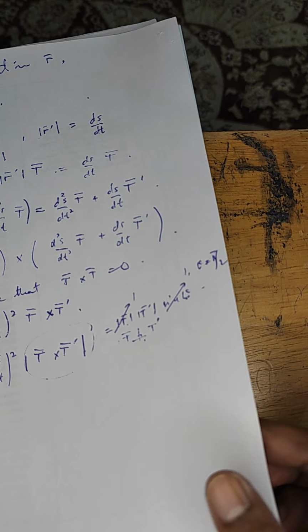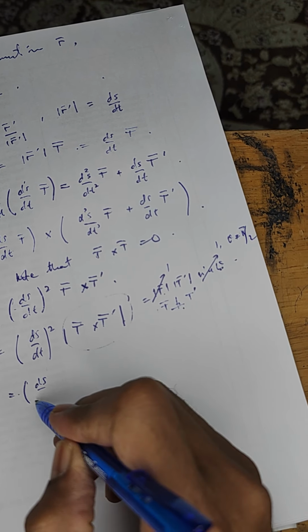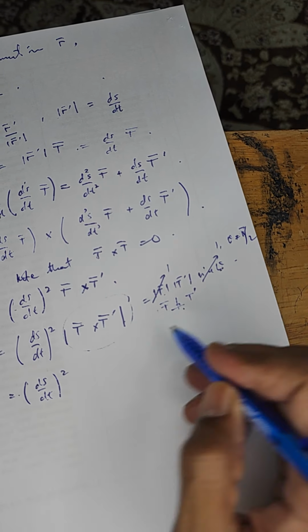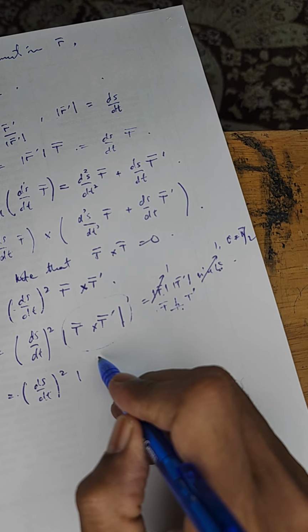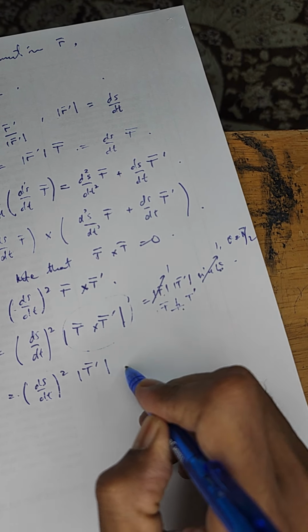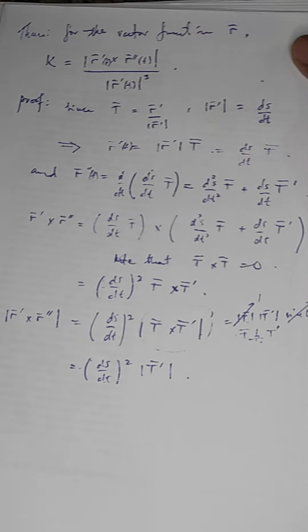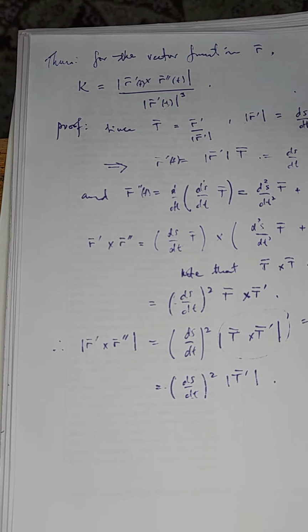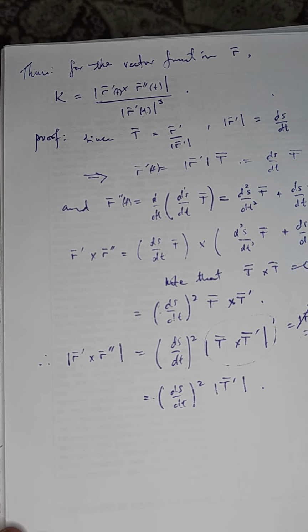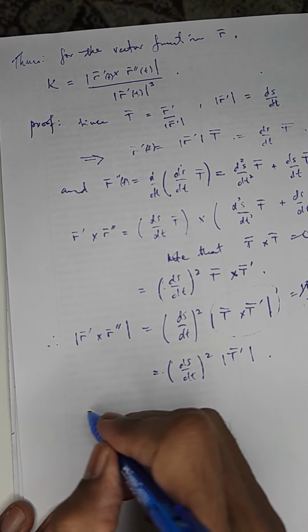this is (ds/dt) squared times magnitude of T prime. Okay. Now we can write this T prime, put it on the left side, just rearrange this.